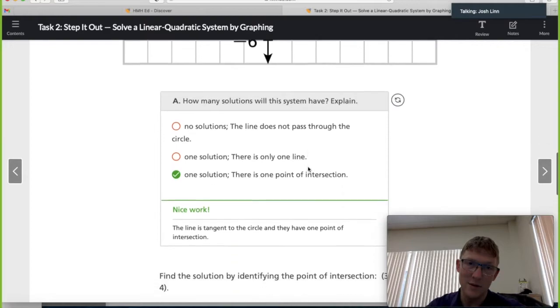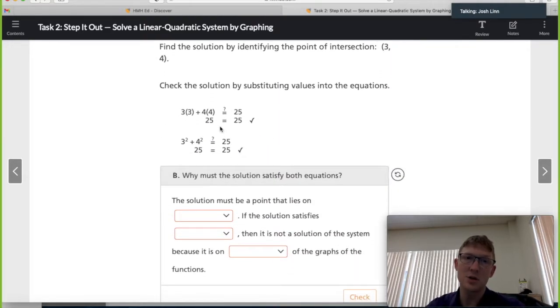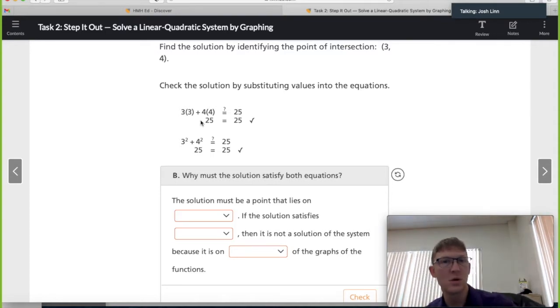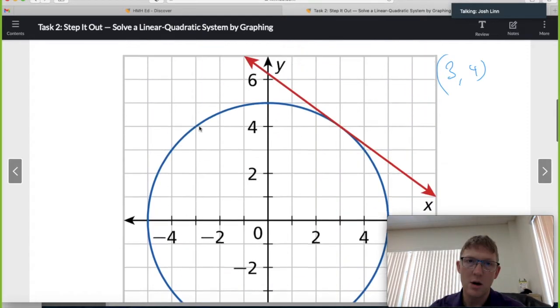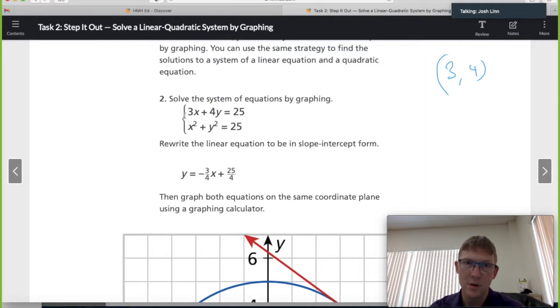We have our answer. Just to make sure, they plugged the 3, 4 back into both equations to make sure that it worked. So again, we're picking 3, 4. Our initial equation, 3x plus 4y equals 25.